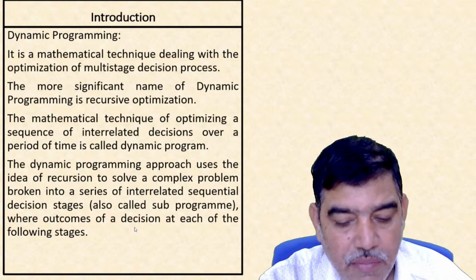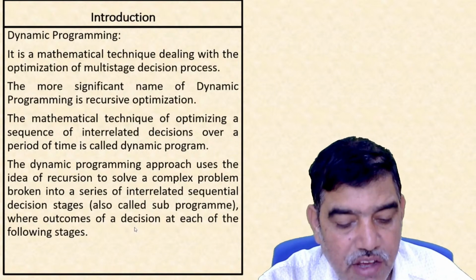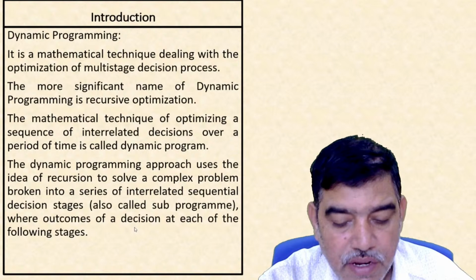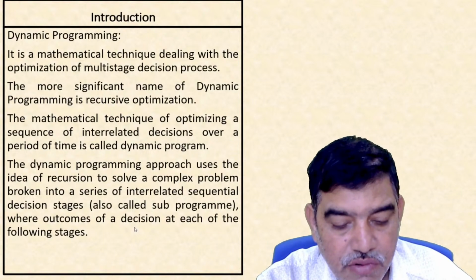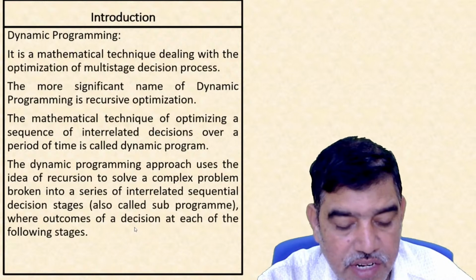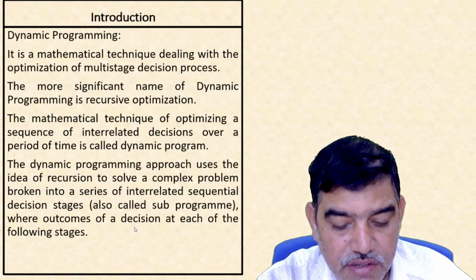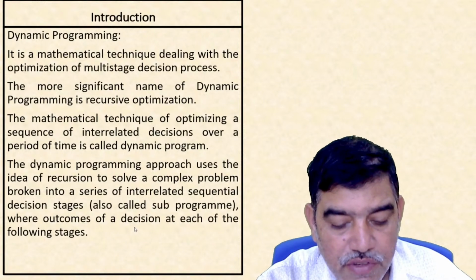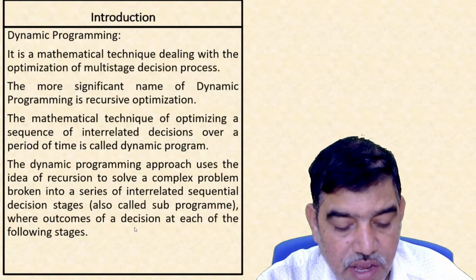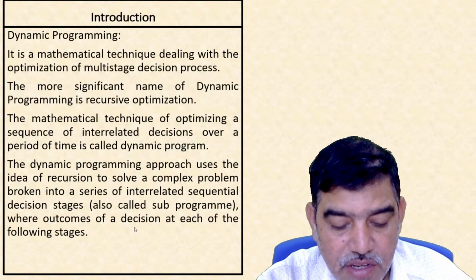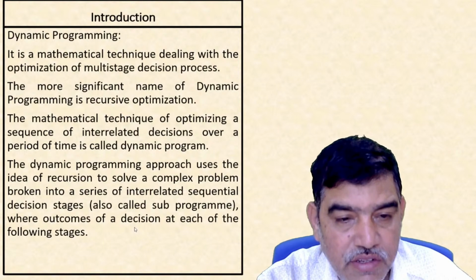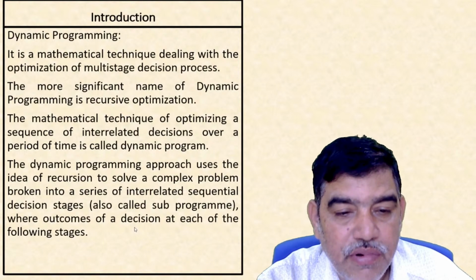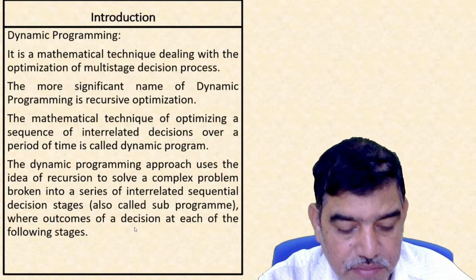The dynamic programming approach uses the idea of recursion to solve a complex problem broken into a series of interrelated sequential decision stages, also called sub-problems or sub-programs, where the outcome of a decision at one stage affects the decision at each of the following stages. I explained this with the example of minimizing the inventory cost of a company year-wise.